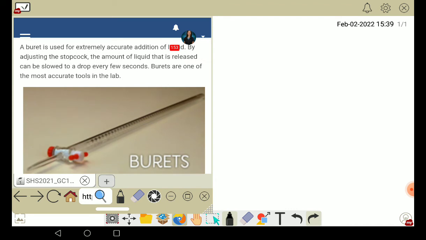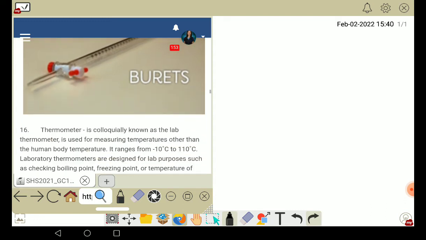You need to rotate the stopcock in order to release a certain amount of liquid, and the release can be slowed down to a drop every few seconds. Burettes are one of the most accurate tools in the laboratory.